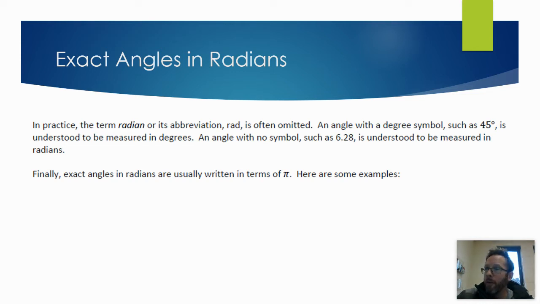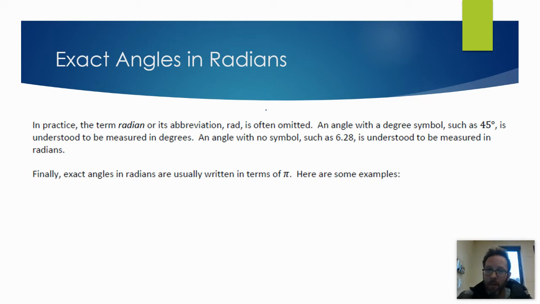We'll start off with some simple ones. So you might have heard me read out those angles in terms of rad. Instead of saying 2 pi radians, I might have said 2 pi rad. Often when we're writing the angle in radians, we just drop the rad and write the angle.